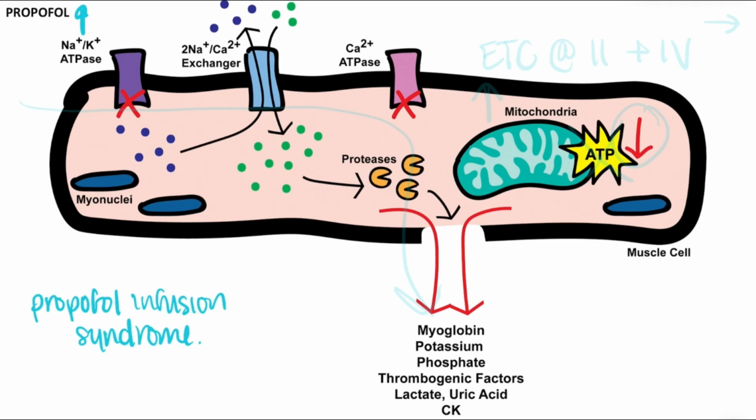Propofol's exact rhabdo-inducing mechanism is unclear, but it's thought to inhibit the electron transport chain in the mitochondria at complex 2 and 4. And inhibition at these complexes, again, prevents the production of ATP, leading to that low ATP state again, and eventually that rhabdo cascade.